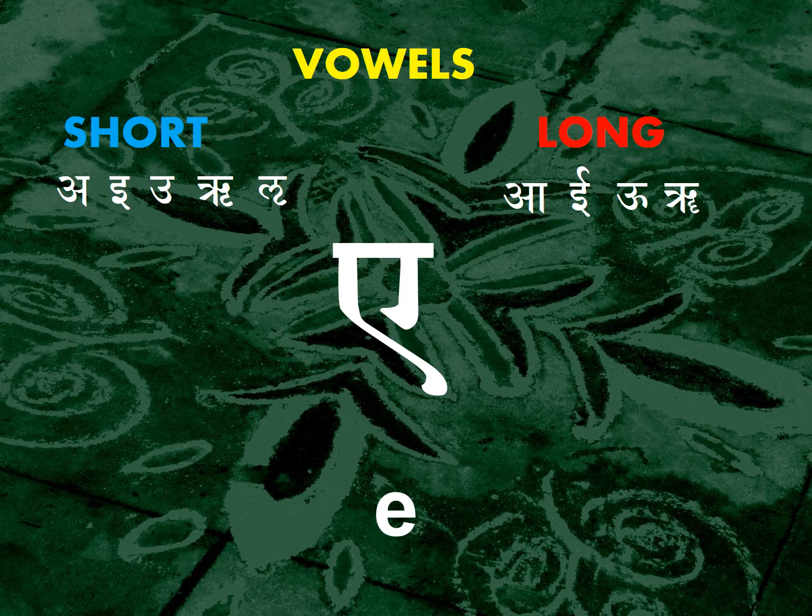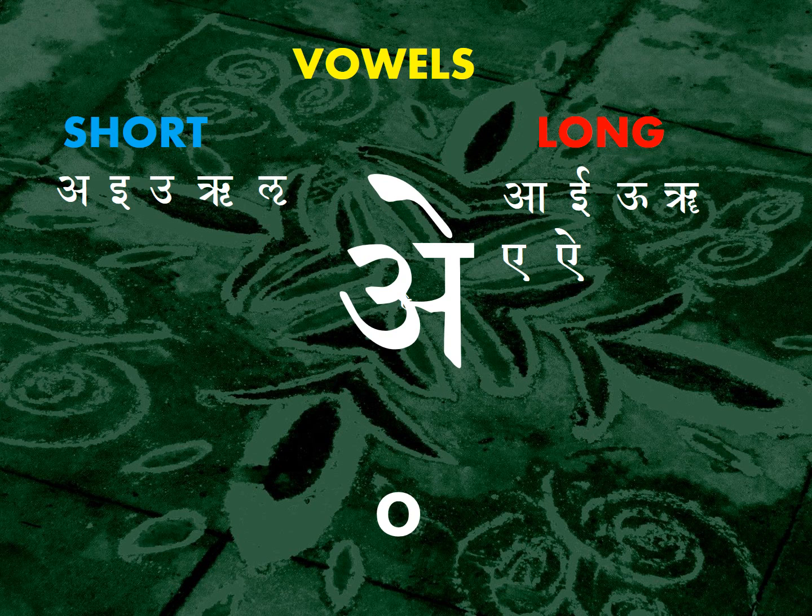This is e. You put a feather in its cap, as it were, and you have ai, which at least in transliteration is a diphthong. A, i.